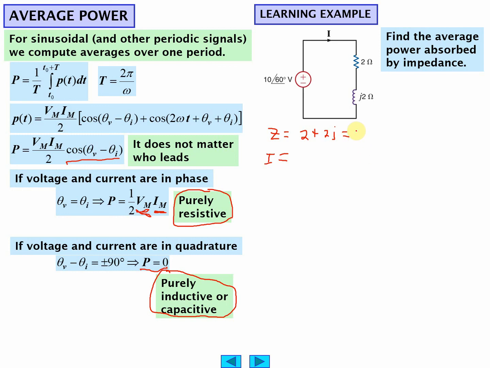It's the square root of 8, or 2 square root of 2, at an angle of 45 degrees. Okay, so current is going to be 10 angle 60 degrees over 2 square root of 2 angle 45 degrees.